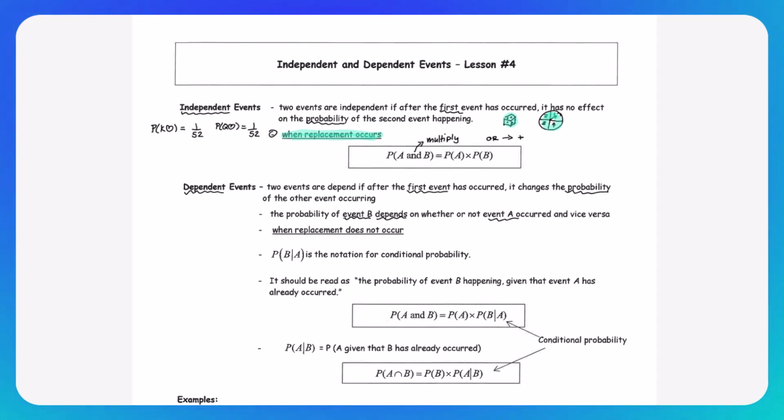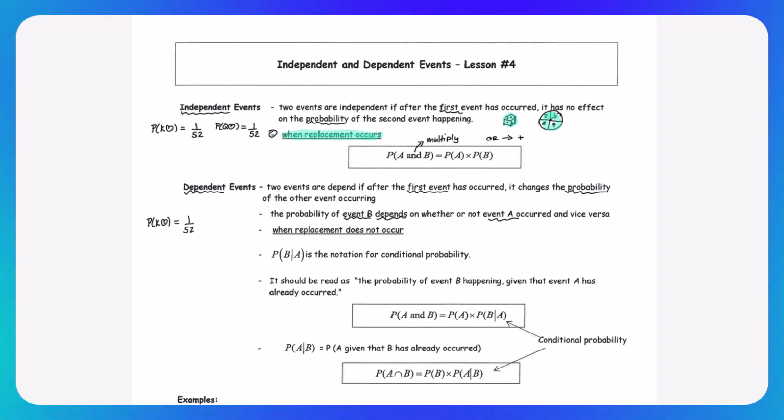In the case of cards, for instance, events are dependent when replacement does not occur. If we go back to finding the probability of the King of Hearts, and we have that deck of 52 cards, we know it's 1 over 52.